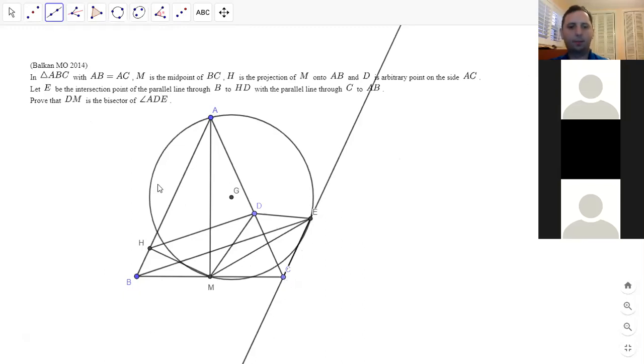Yeah, because MC is the bisector. Yeah, because this is an isosceles triangle. So since EC is parallel, yeah, it's an external bisector. CM. Oh, that's right.